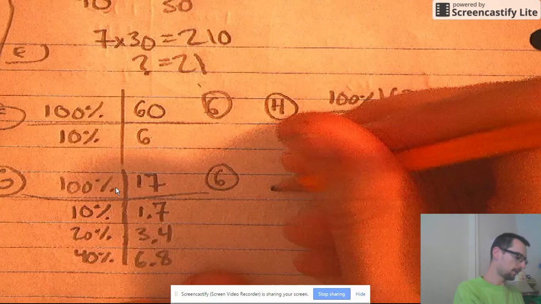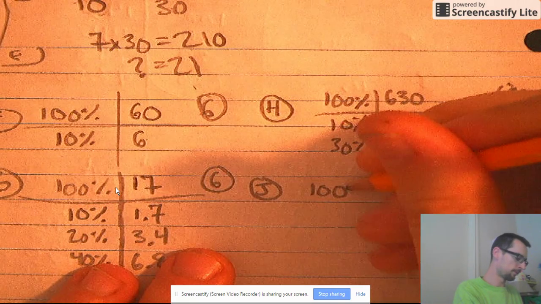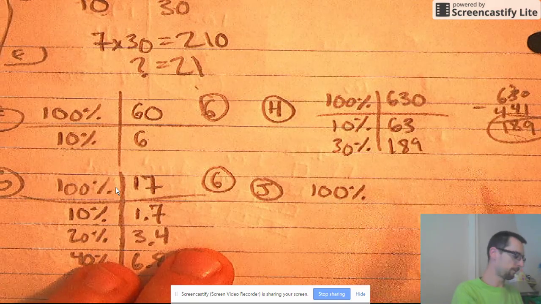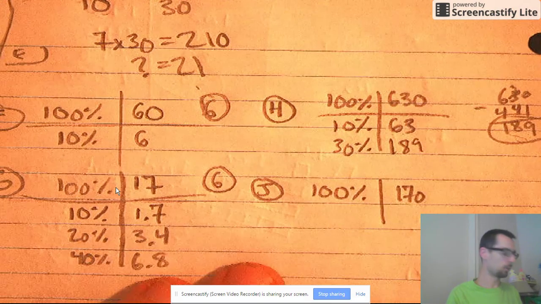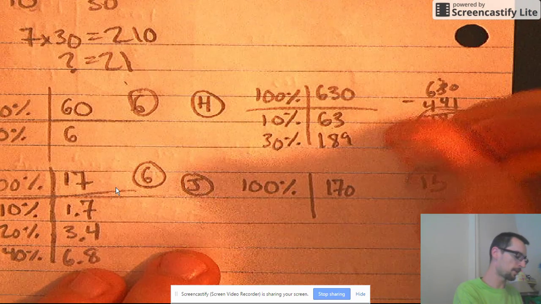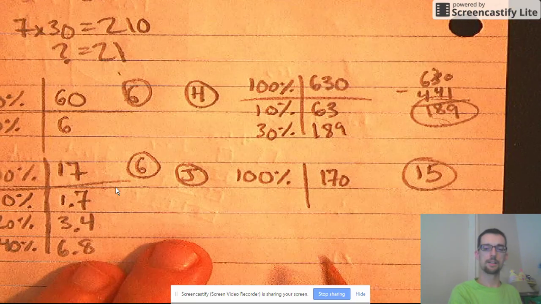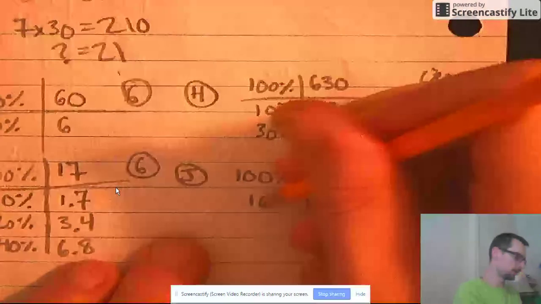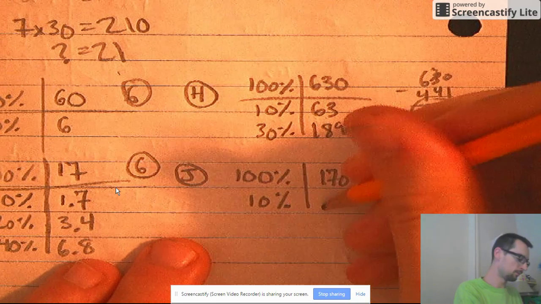Okay, so J is an increase from 170 to 185. So that's a difference of 15 pounds. That's my magic number. Okay, and let's see here. 10% of 170 is 17.